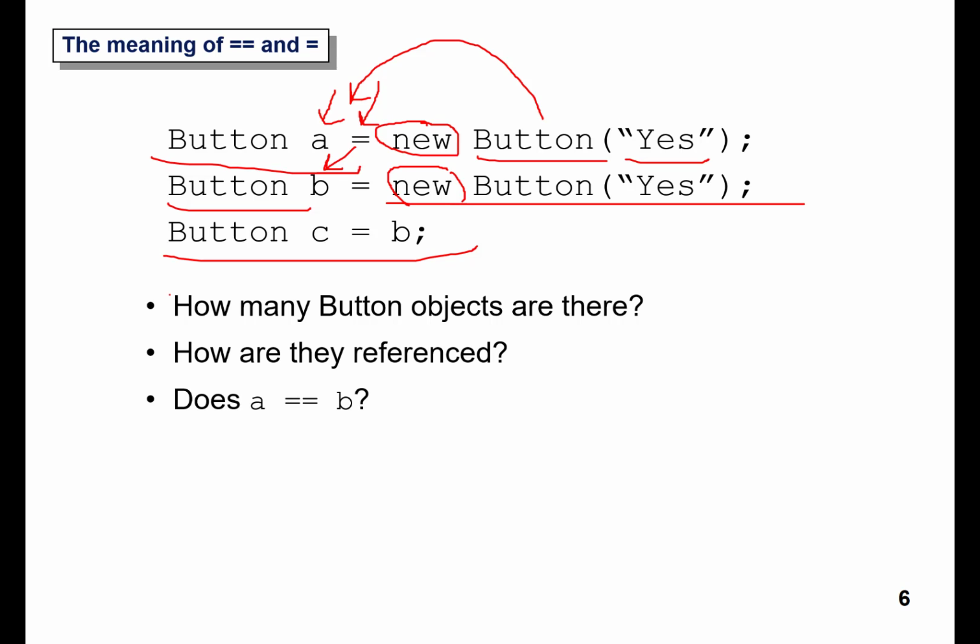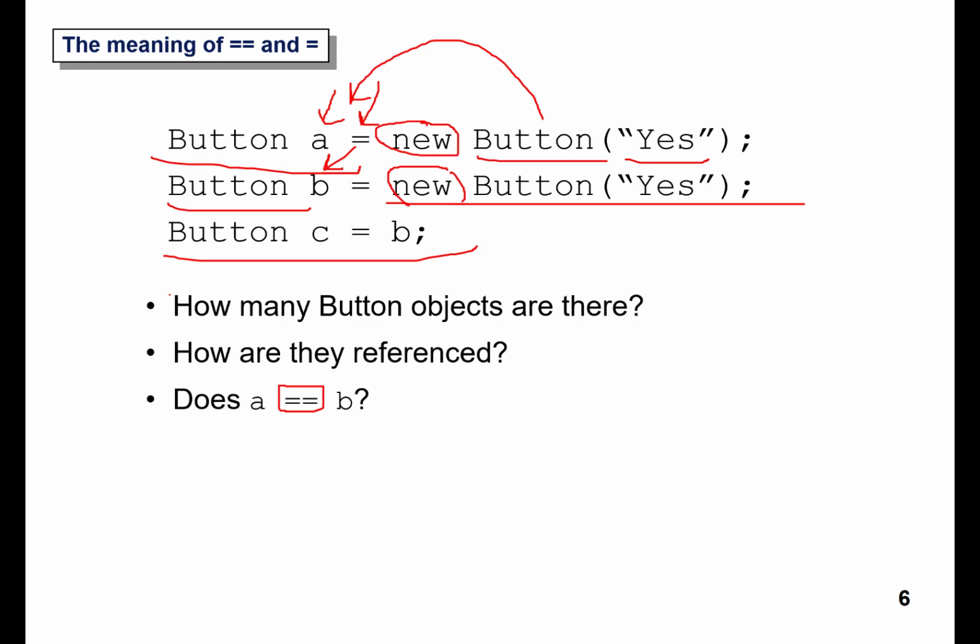When we use double equals, we're comparing two objects with each other. So when I say does A double equal B, I'm asking the question, are these 2 objects the same or not? Is it the same object? And the answer is clearly no.